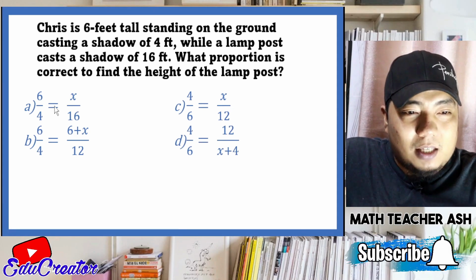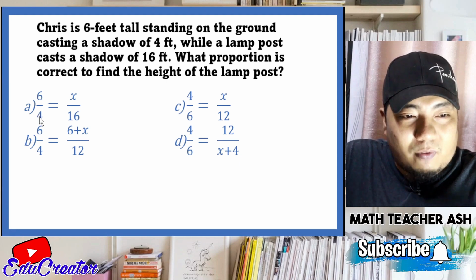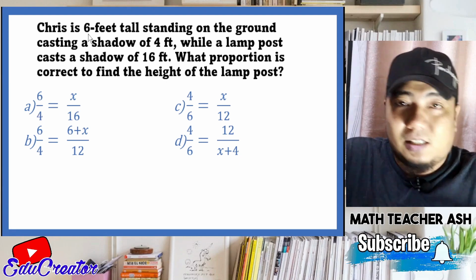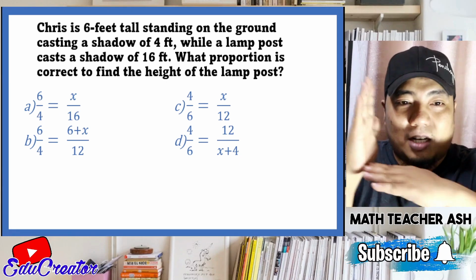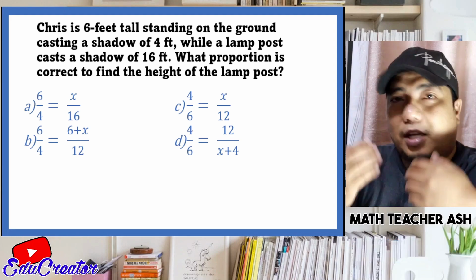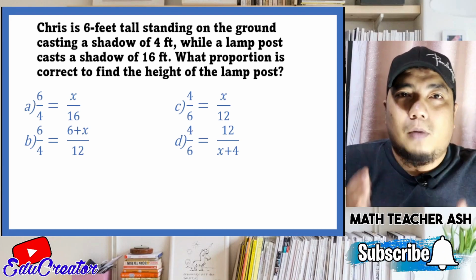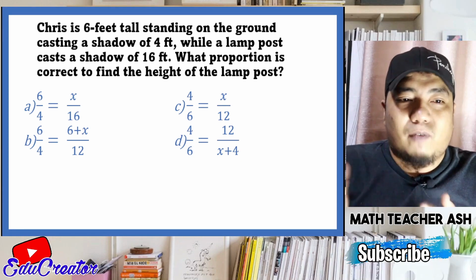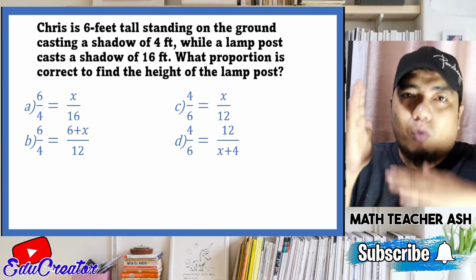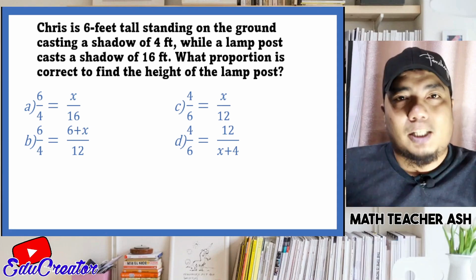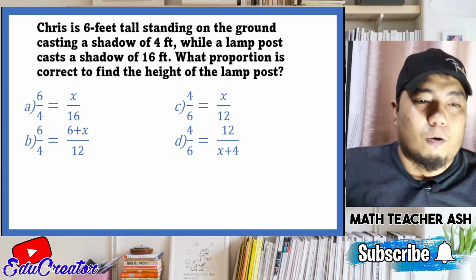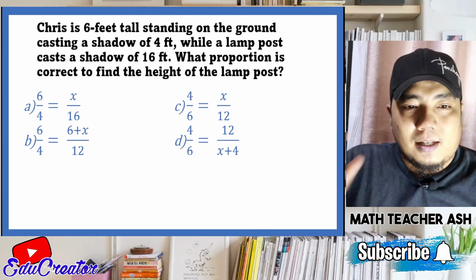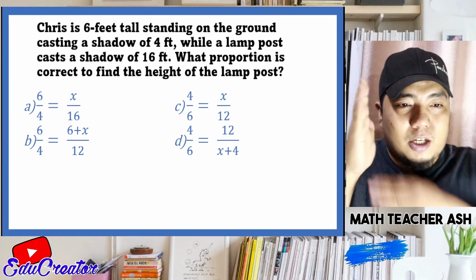As you can see here, if we consider 6 and 4, the 6 is the height and then the shadow. So remember, my dear math learners, in making proportion, you must always apply what is the first pairing. If the first pairing says height over shadow, then on the next pair, it should always be height over shadow. Let's check letter A. 6 feet tall, shadow is 4 feet.